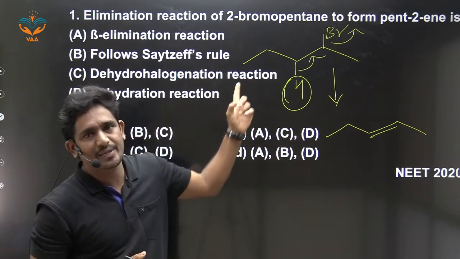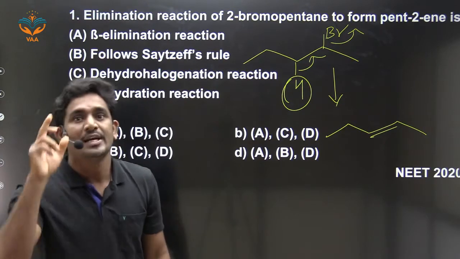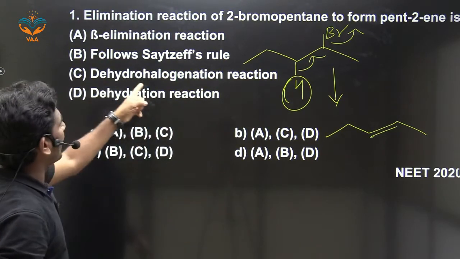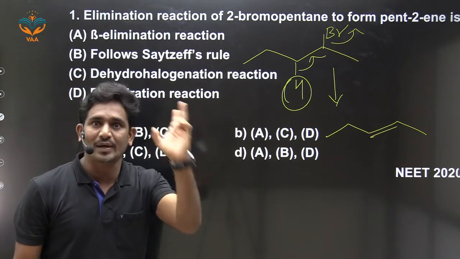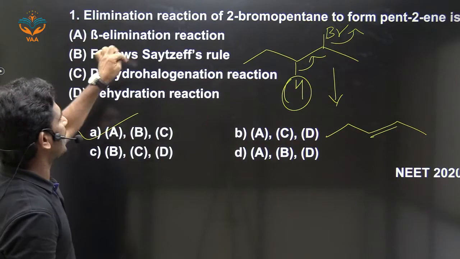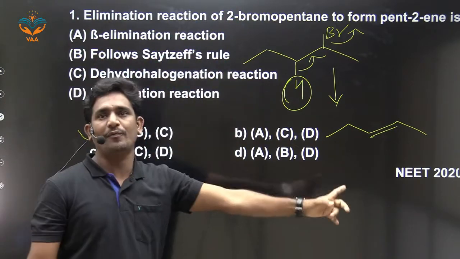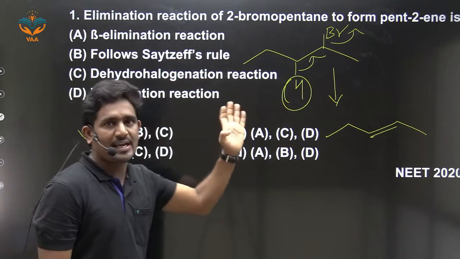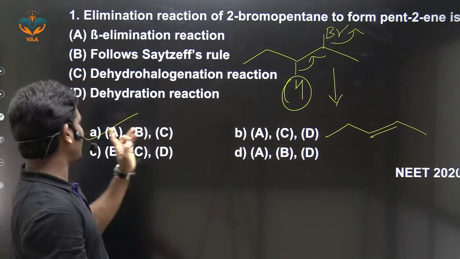We are removing HBr, so it is dehydrobromination, also called dehydrohalogenation reaction. So the answer is A, B, C. These three are correct: it is beta elimination, it follows Saytzeff's rule, and it is a dehydrohalogenation reaction.